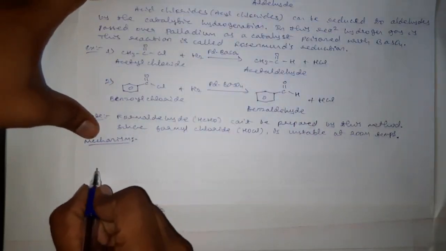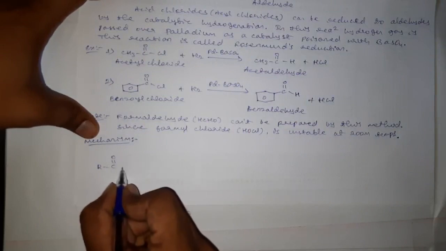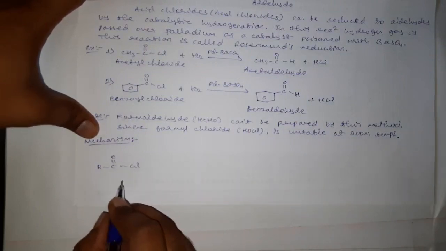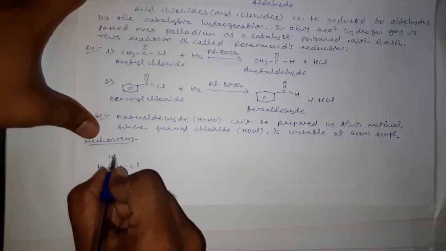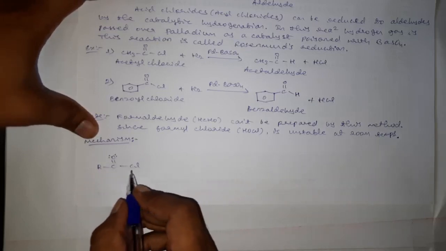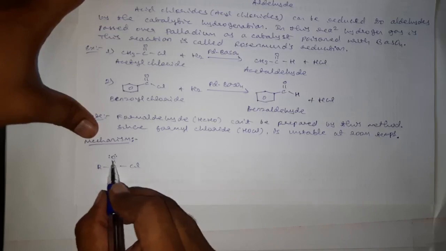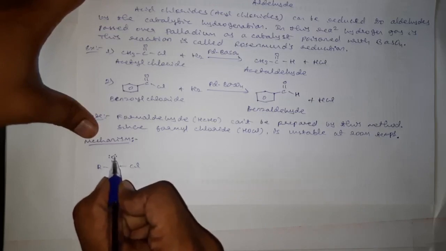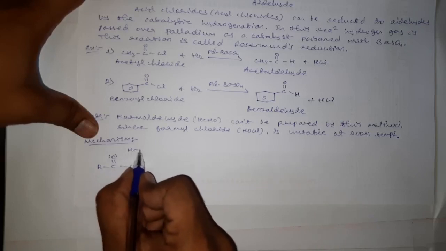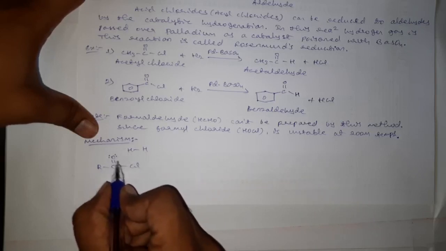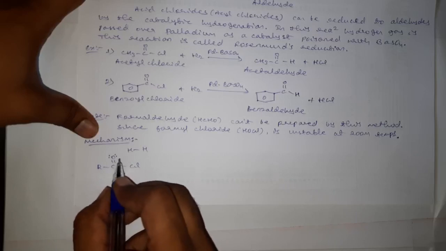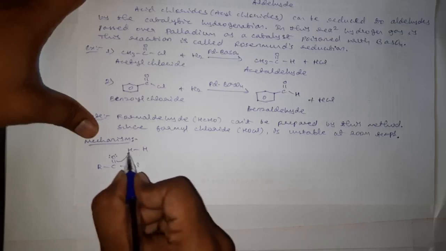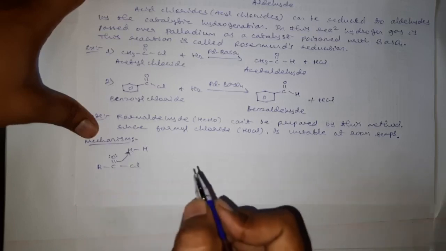See, the acid chlorides which are having the formula RC double bond O Cl, here the oxygen being more electronegative will drag the bonded pair of electrons towards itself, or we can say this oxygen will use one of the bonds between this oxygen and carbon to attract the hydrogen from H2 gas.